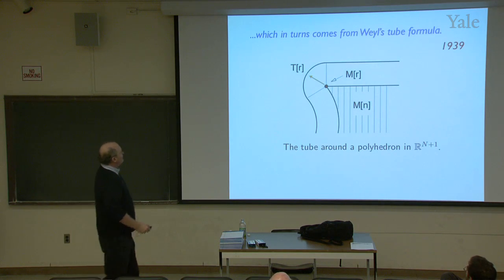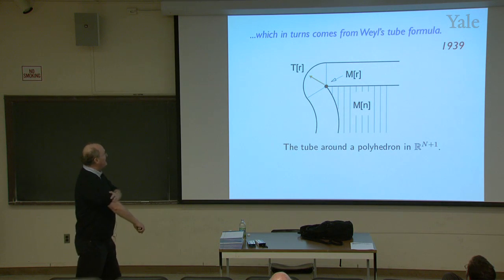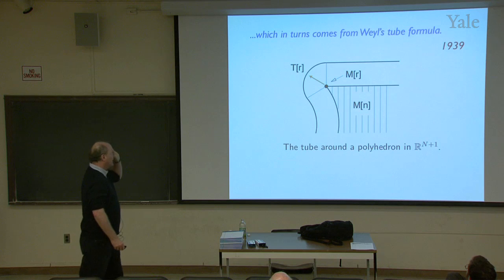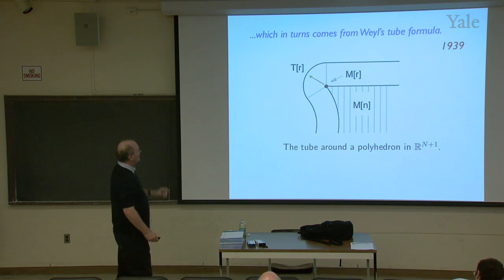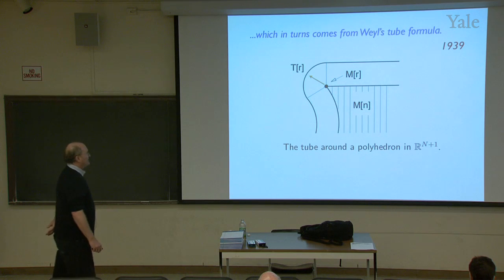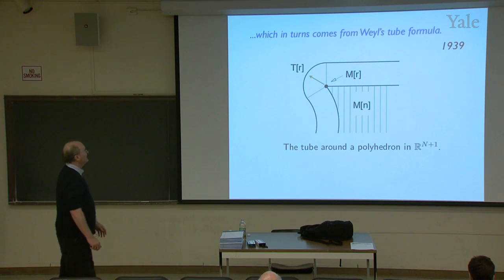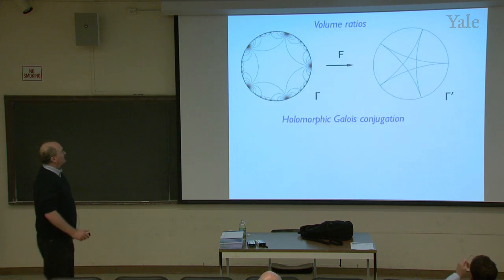And let me just mention that this formula of Allendoerfer and Weil is extremely natural, and it comes from another nice formula due to Weil, which records the volume of a tubular neighborhood of a manifold that's isometrically embedded in Euclidean space. And this can be extended to a polyhedron, and that's what Allendoerfer and Weil did.